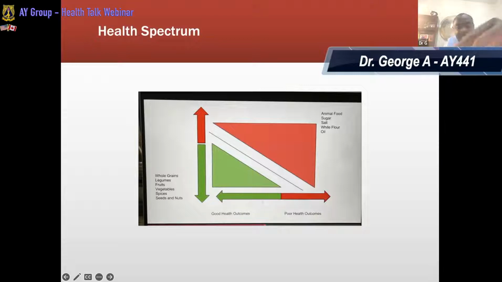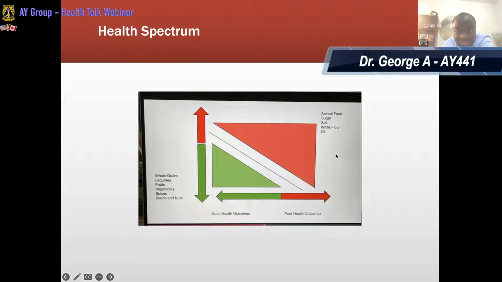So if you're always on the left side and you have any kind of disease, you may not even need medication. Eating plant-based food, green leafy vegetables, can actually reverse any kind of disease if you are in the green.